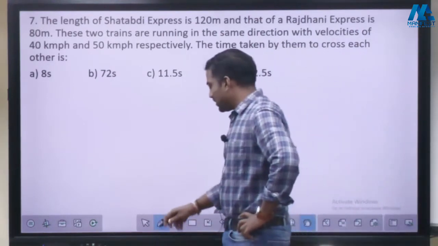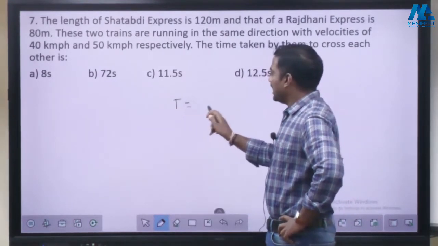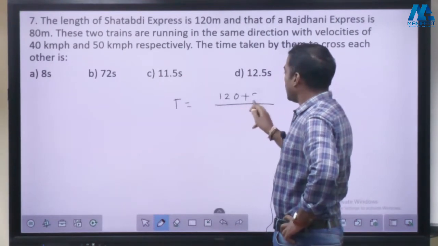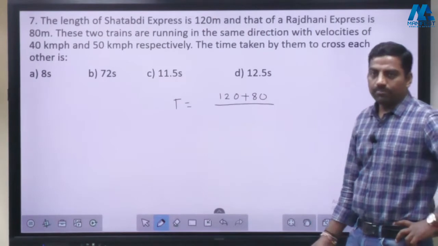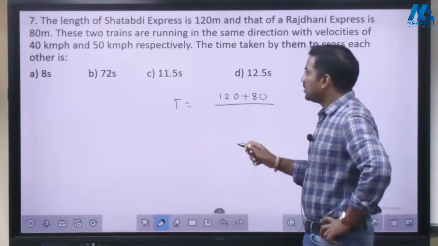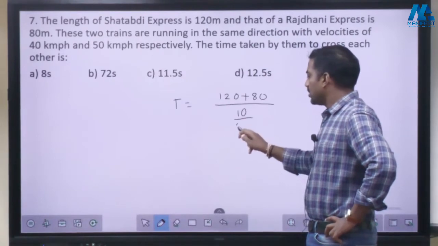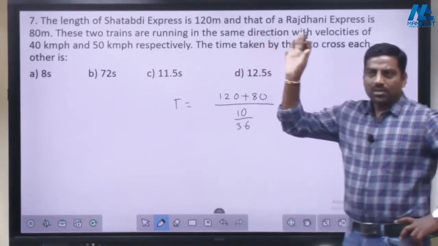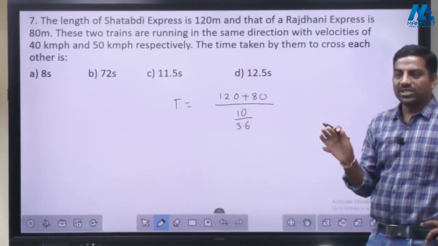Now this problem has become so simple for us. The time taken is nothing but the length of the trains, 120 plus 80, divided by the difference of 50 and 40. So 10 in the denominator. You don't do it separately, like 40 divided by 3.6, 50 divided by 3.6.